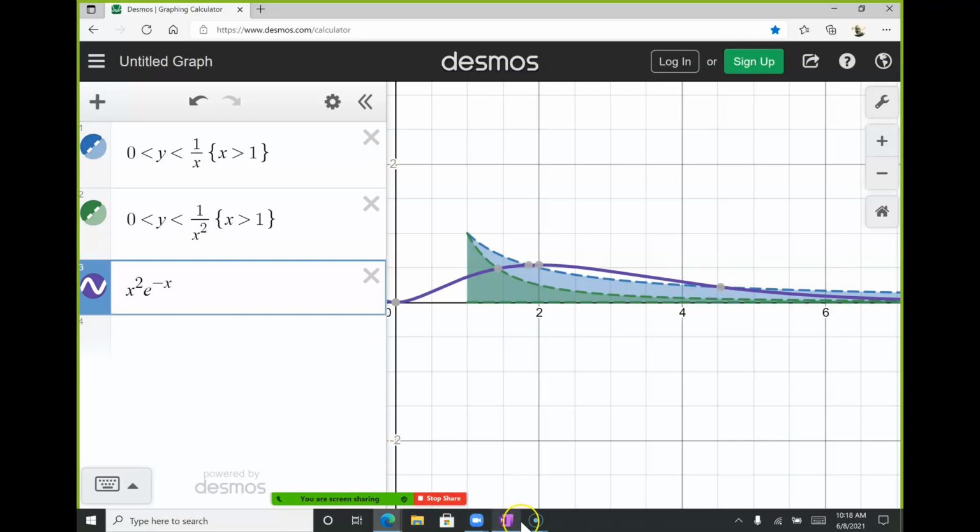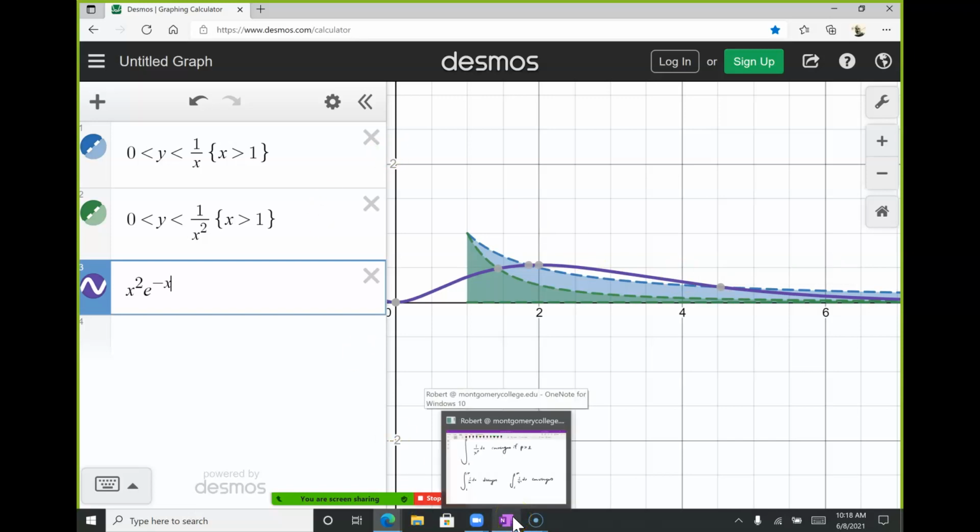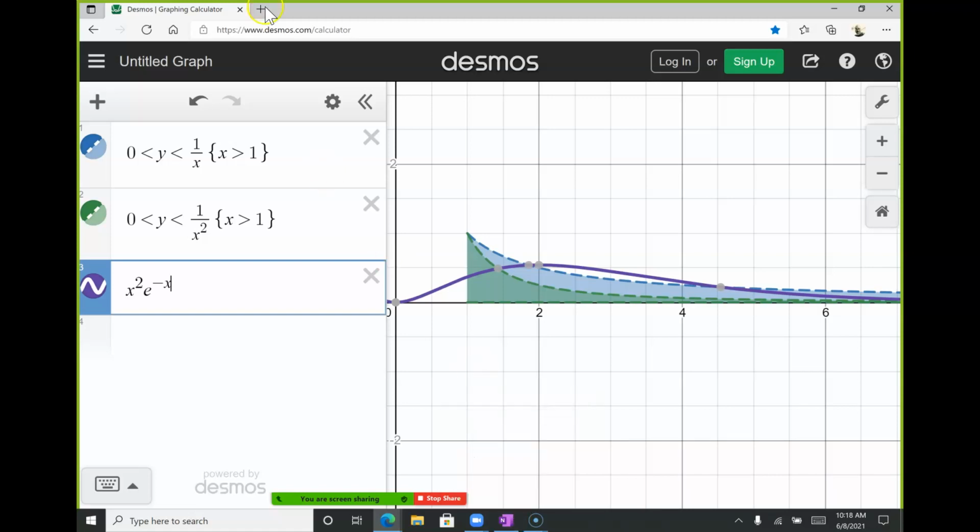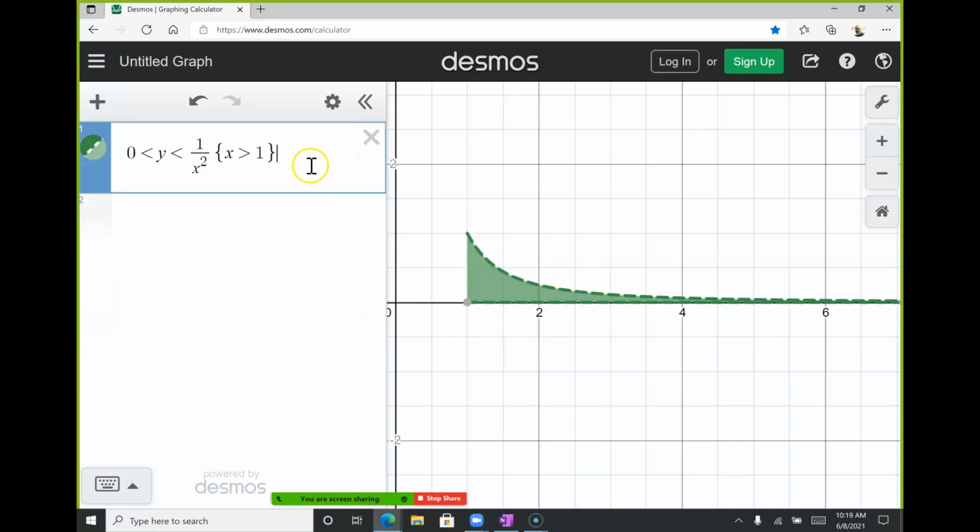Okay, let's jump right to a problem, and it's a little bit easier to see how we're going to do this comparison theorem. But we need something to compare to. That's the key. And so if we can compare to a 1 over x squared, which we know is finite, and by the way, you should do that.